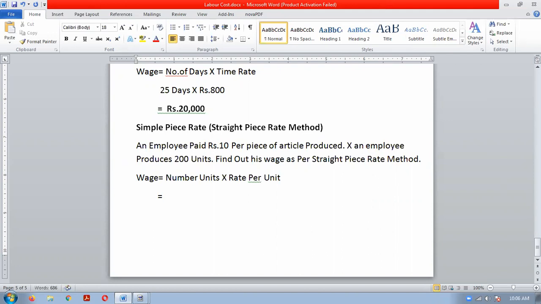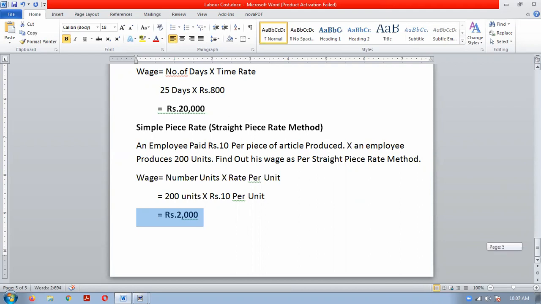So what is the number of units? 200 units into rate per unit is 10 per unit. So wage will be how much? 200 into 10. That is 2000 rupees. So this is the simple piece rate or straight piece rate method.